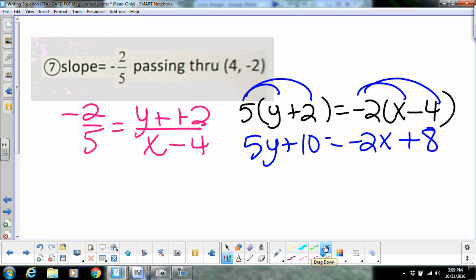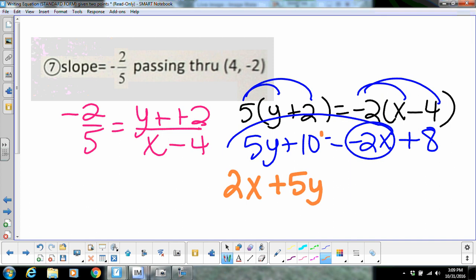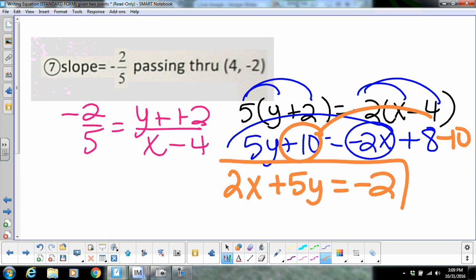All right, so let's start rearranging. Let's get our x and our y together. So that's going to make a positive 2x and a positive 5y. Move that 10, and 8 minus 10 is -2. Our x is positive, no fractions, so we're done.